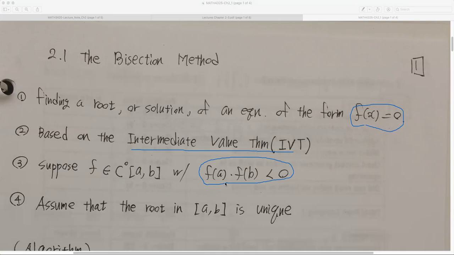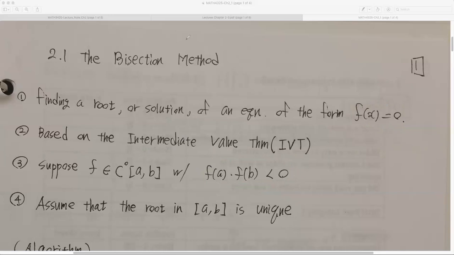It means there exists an x-intercept. In other words, in algebra, there exists a solution of the equation f of x equals 0. If you want to understand the intermediate value theorem more clearly, just look at chapter 1.